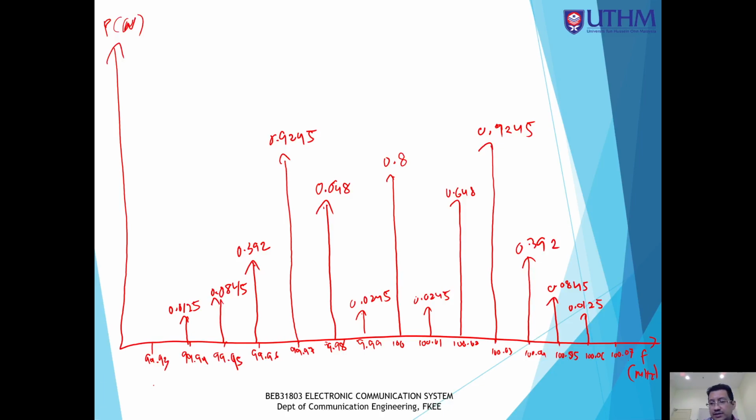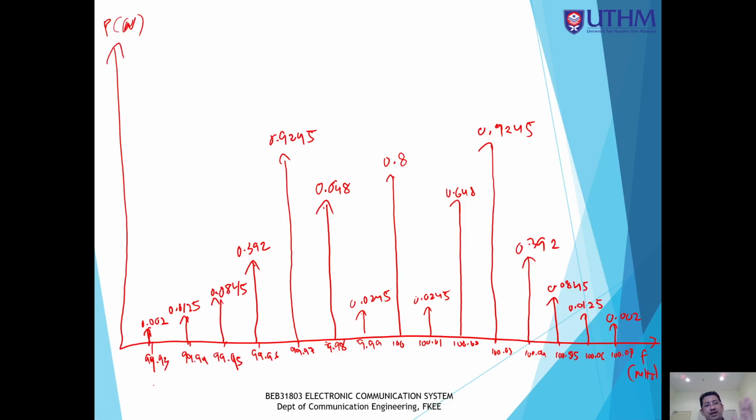And for the seventh sideband, the last sideband, it is 0.002 watt. Okay, 0.002 watt is located at 99.93 megahertz. Okay, so this is how you need to draw the power spectrum.